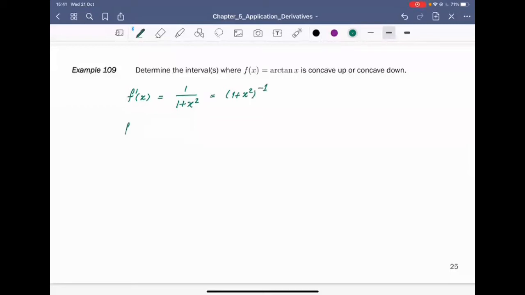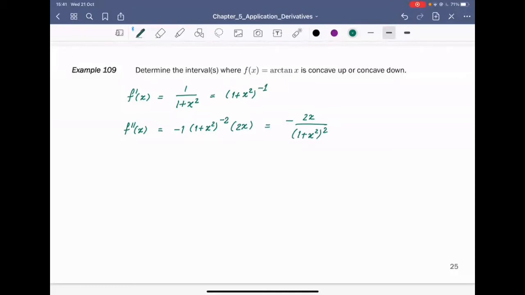And then I take the second derivative. That means I'm going to get negative 1 times (1 plus x squared) raised to the negative 2, and by the chain rule, I have 2x. So this is actually negative 2x over (1 plus x squared) squared. The reason why I switched 1 over 1 plus x squared to (1 plus x squared) to the negative 1 is because I want it to be easier to differentiate.